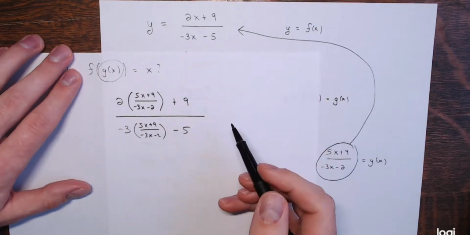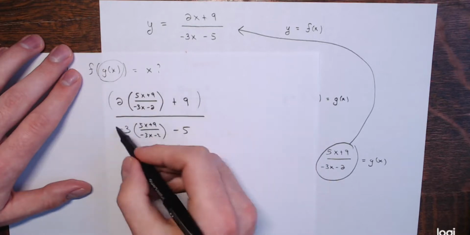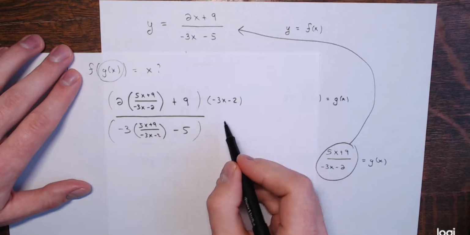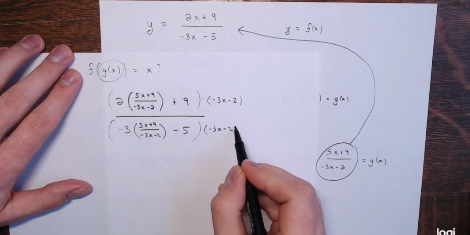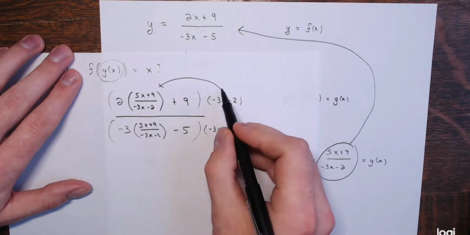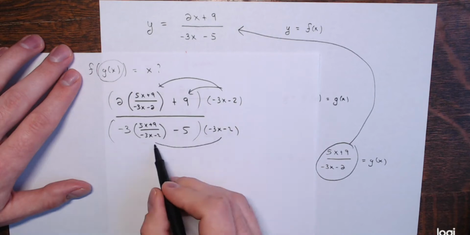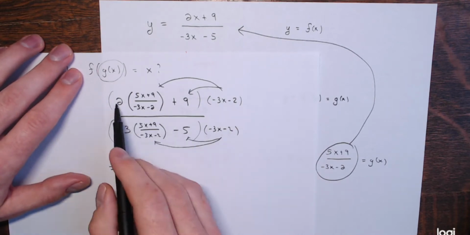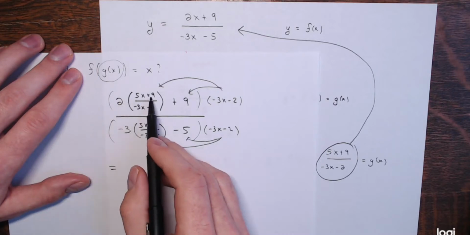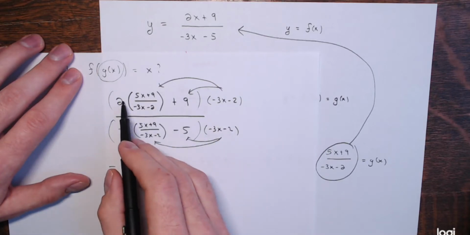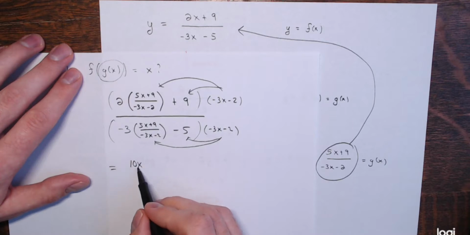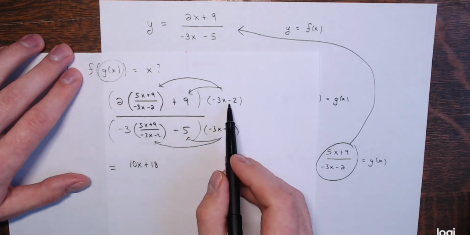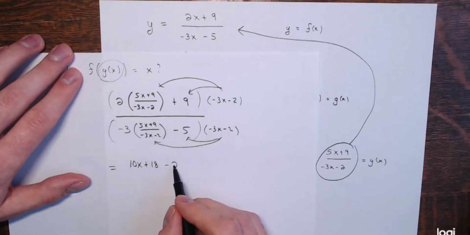Okay. So I'm going to multiply the numerator and denominator by this negative 3x minus 2. Distribute, that'll get rid of that, and multiply by 9, distribute down here. So up top you got 2 times 5x plus 9. The negative 3x minus 2's would cancel. That'd be 10x plus 18. And then plus 9 times this would be negative 27x.